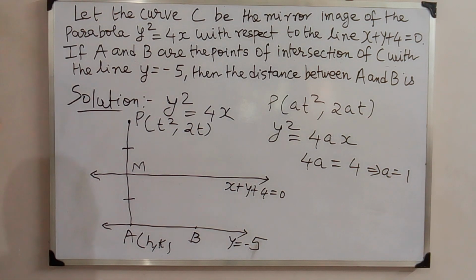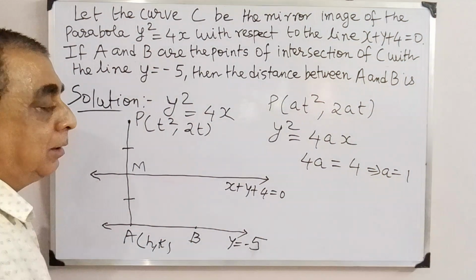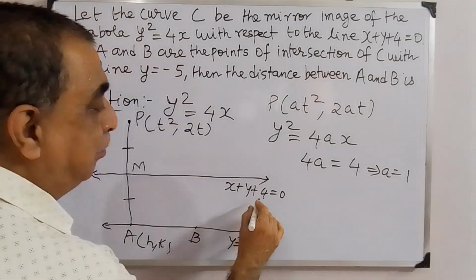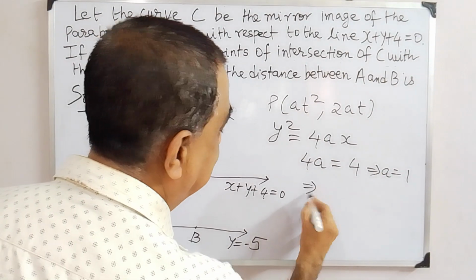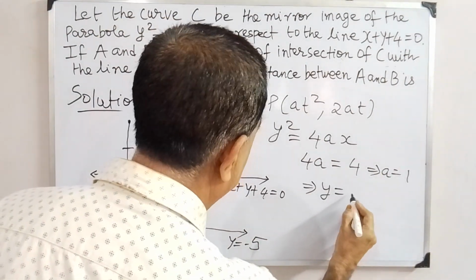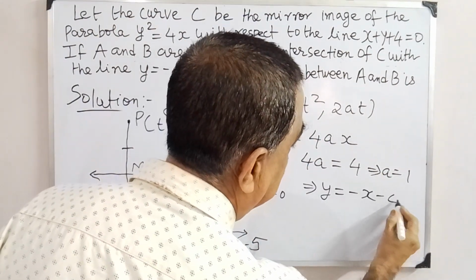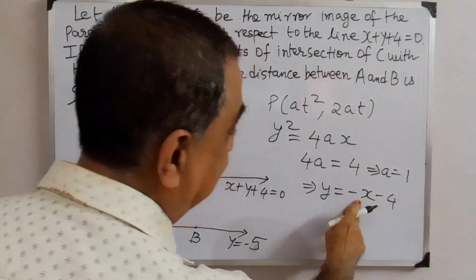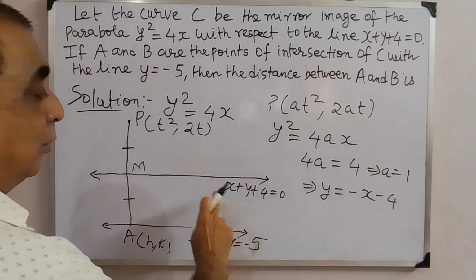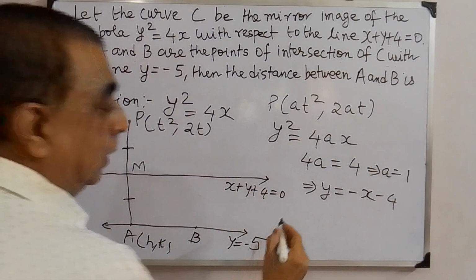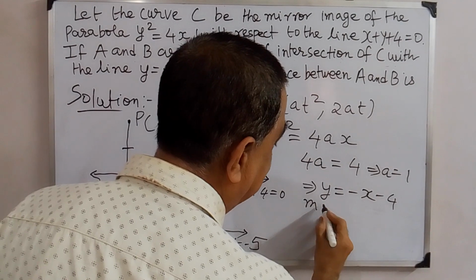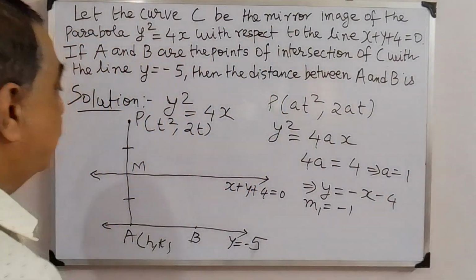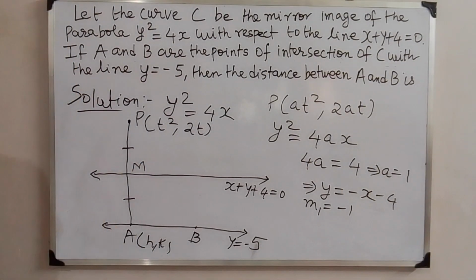The equation of the mirror line is given as x plus y plus 4 equals 0. So we can write it as y equals minus x minus 4. Here the coefficient of x is the slope of the mirror line. So the slope of the mirror line, suppose m1, is minus 1. So what will be the slope of PA?